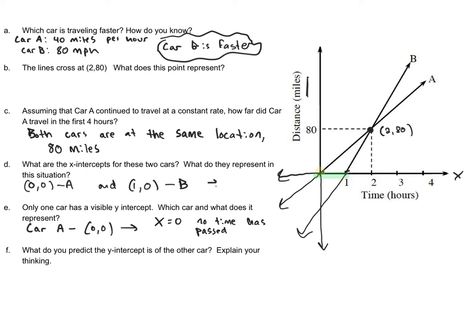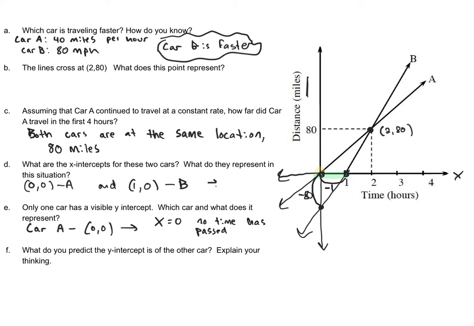What happened there is that if we work backwards, that is 1 hour. So to go from this point to where x is 0 is 1 hour. And if they're going 80 miles an hour, working backwards, if this is -1, then this would be -80.